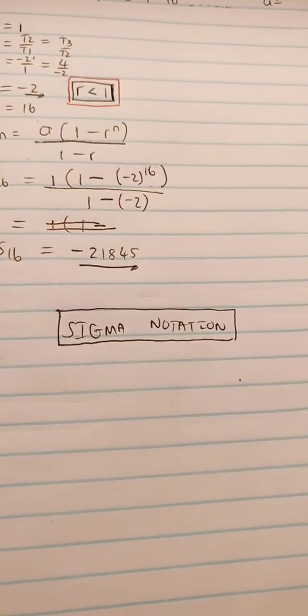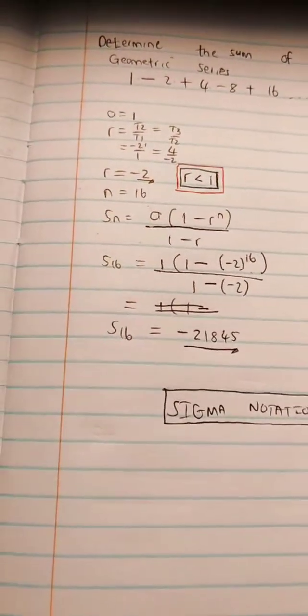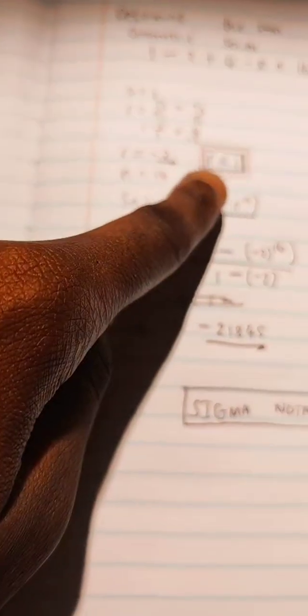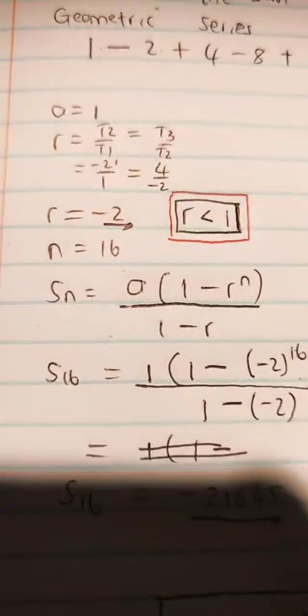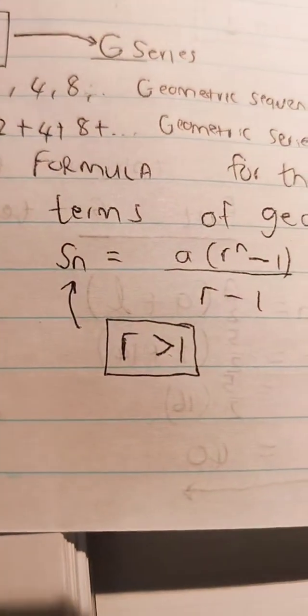All right. So remember, guys, that we've just looked at one scenario, calculating the sum of the first 16 terms where r is less than 1. There are many situations where maybe r is greater than 1 and it might need us to use the first formula.